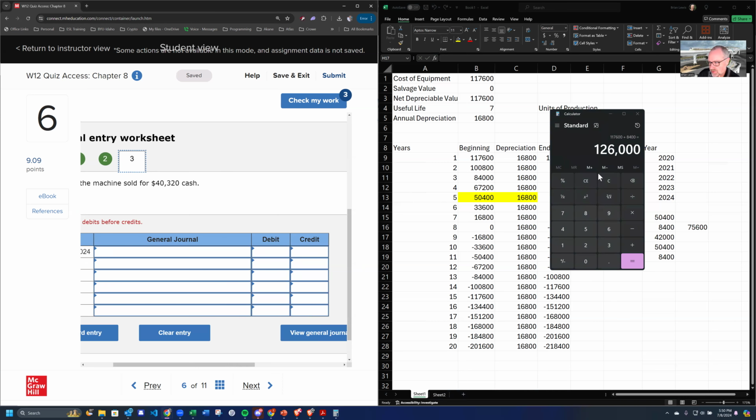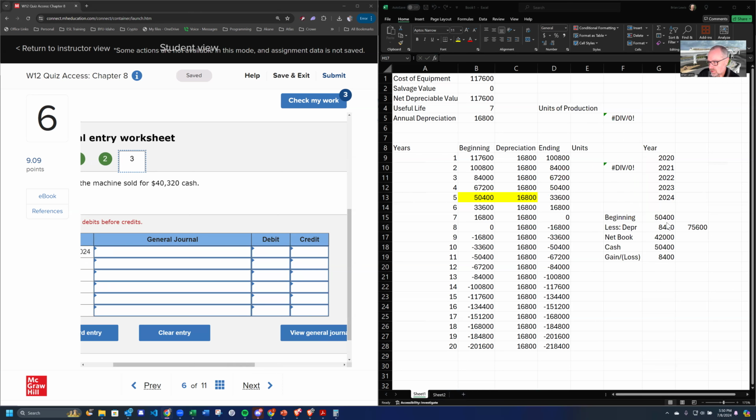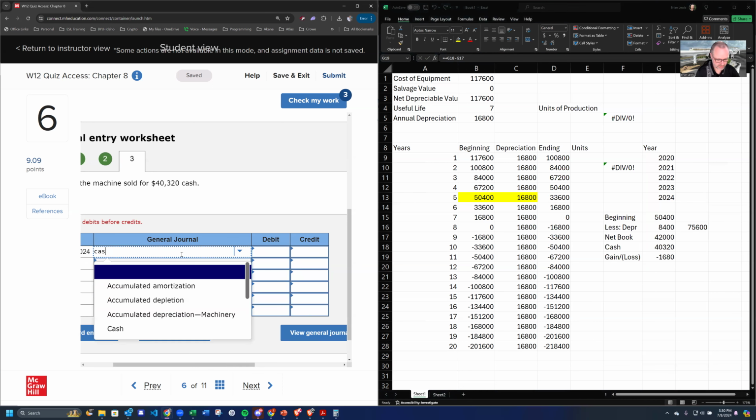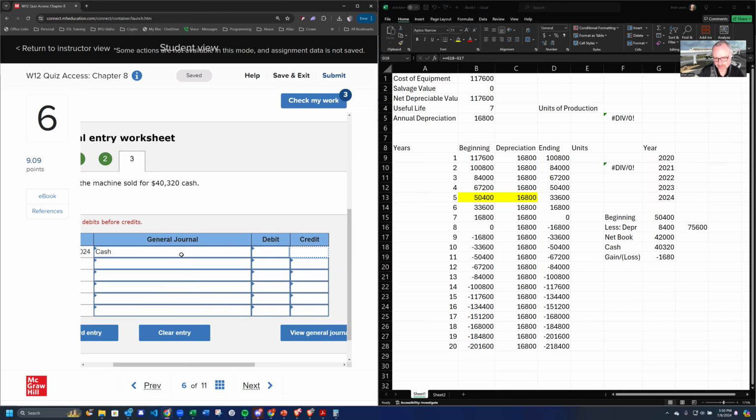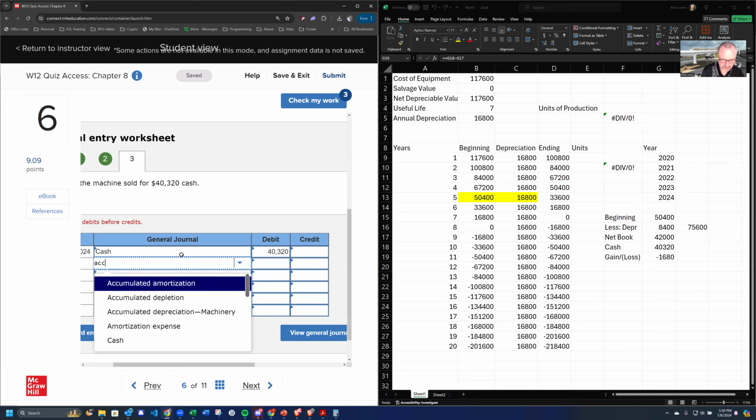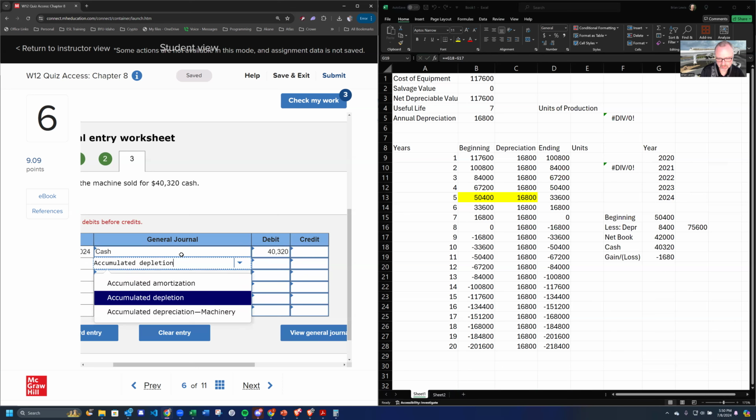Now in this case, it's going to be a little different. Same depreciation value, but the cash is different. This is going to be 4,320. So we're going to see a loss. So cash first, of 4,320. We're going to have accumulated depreciation like we did before, for 75,600.